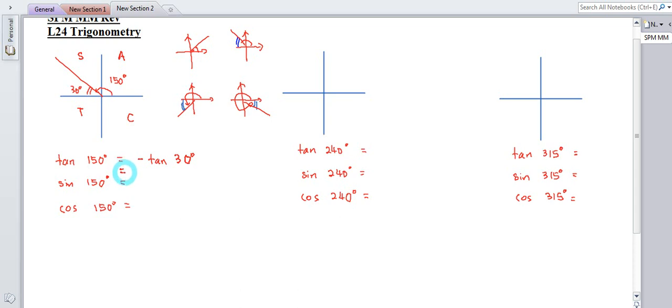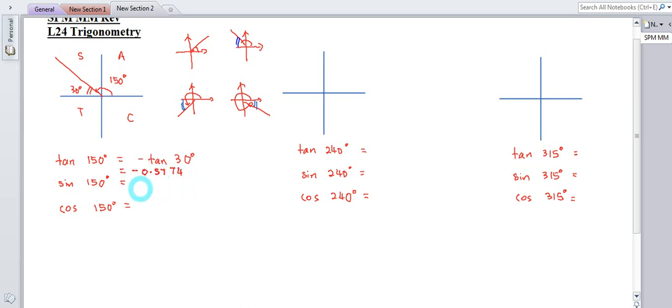Then you just press the calculator. Tangent 30 is equal to 0.5774, but we have a negative here, so I put a negative.